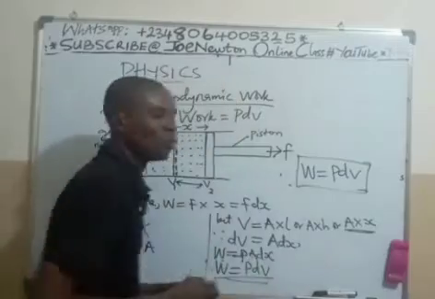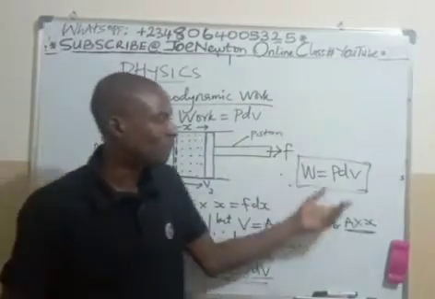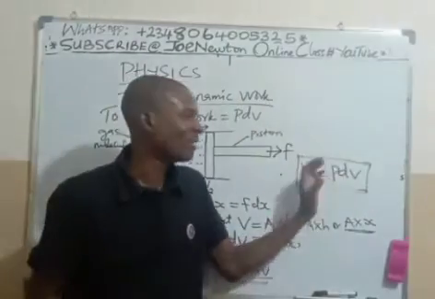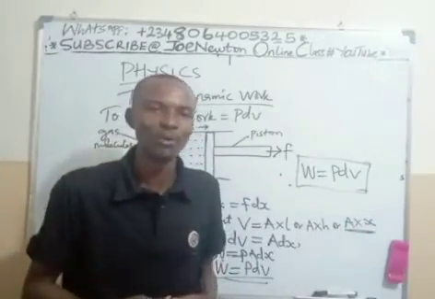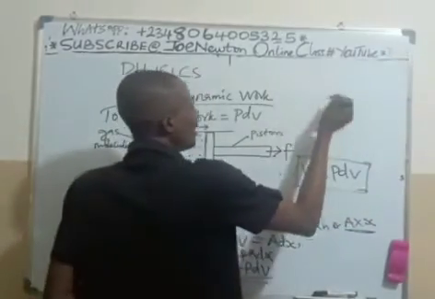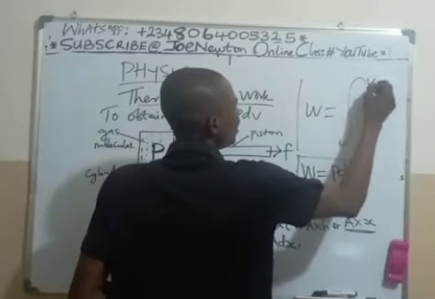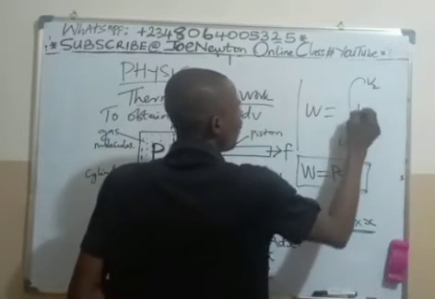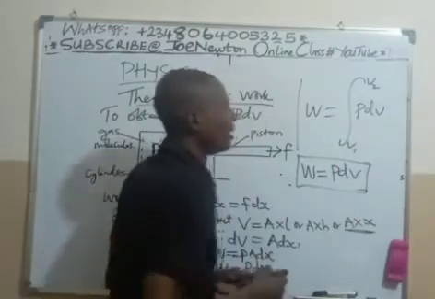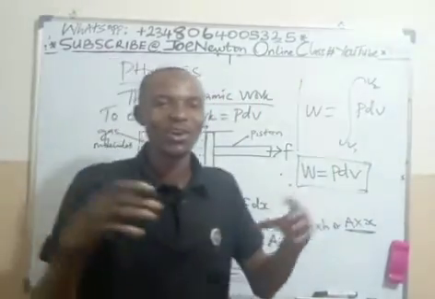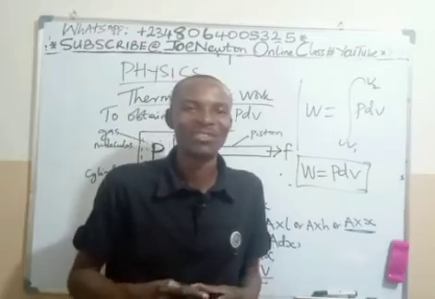In a thermodynamic system, where P is the pressure and V is what? Volume. That dV means change in what? Volume. Analytically, we can equally say that work is equal to the integral of P dV, depending on the range of the expansion or compression in the system.